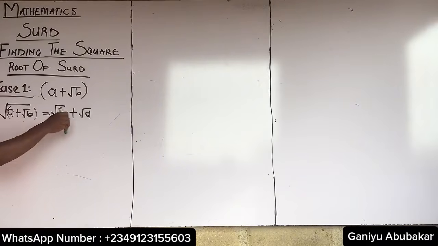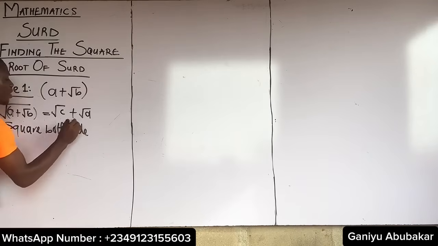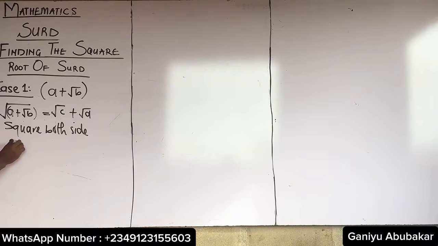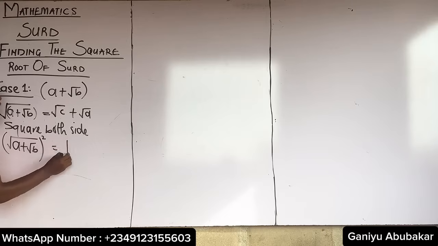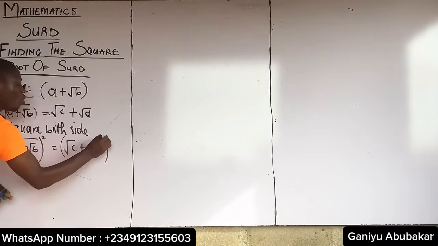After expressing it this way, your next task is to square both sides. So I'll have the square root of a plus root b, all squared, is equal to root c plus root d, all squared.